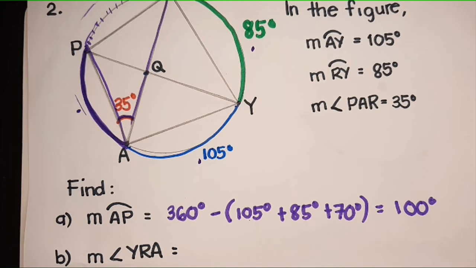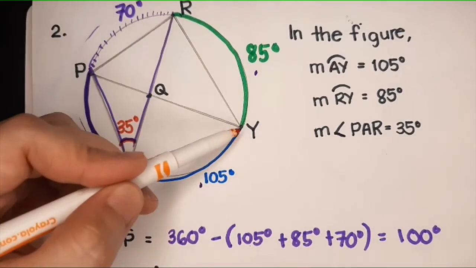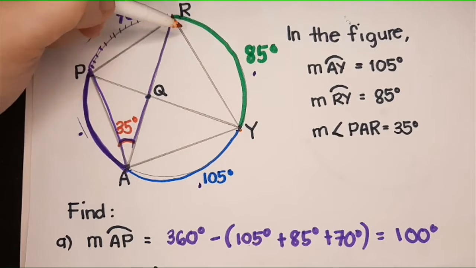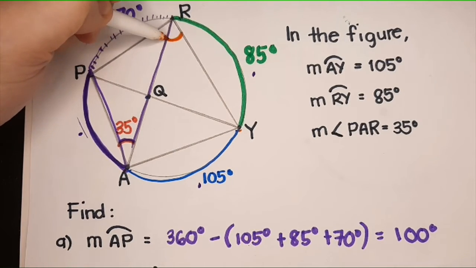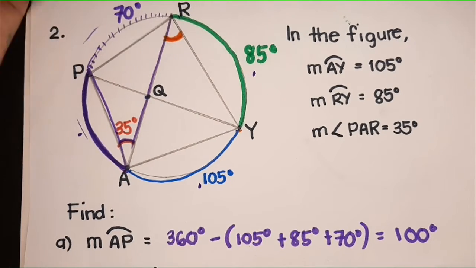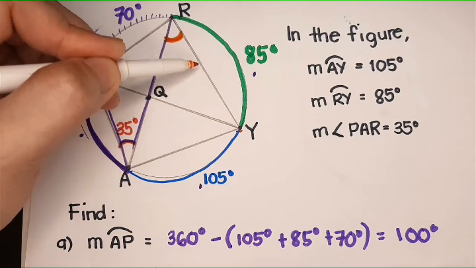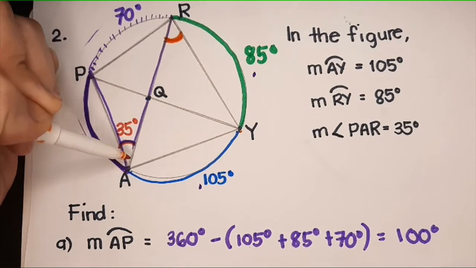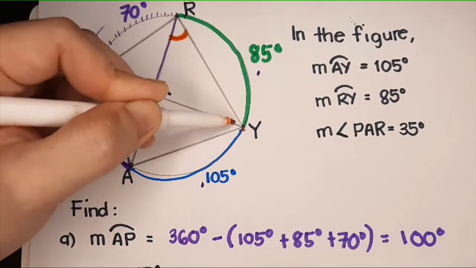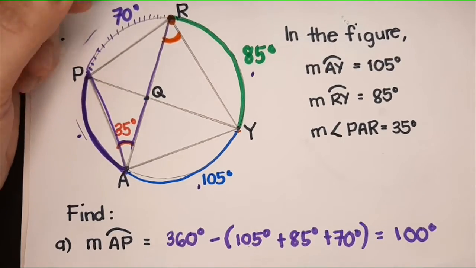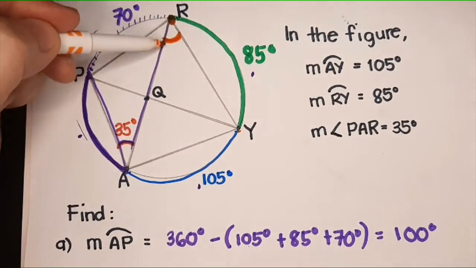Now, let's find the measure of angle YRA. So, nasan yan? Here, YRA. So, this angle. Okay, hahanapin natin yung angle na yan. But, notice that this angle is an inscribed angle. Inscribed yan because its vertex lies on the circle. Tapos yung two chords na ito.